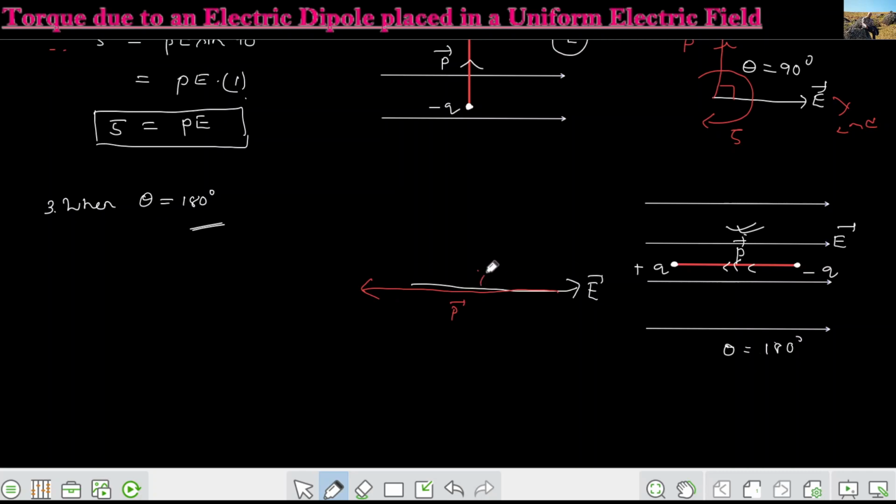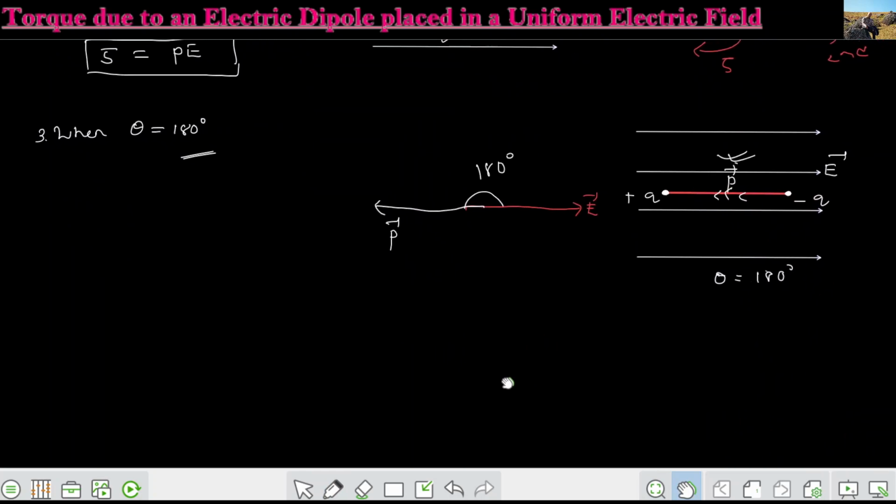This is your electric field vector, and we have another vector which is your dipole moment vector. This dipole moment vector will act in this direction, because they are oppositely directed. So the angle over there will be 180 degree.